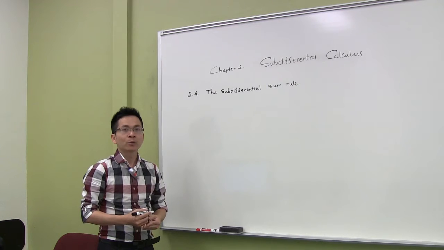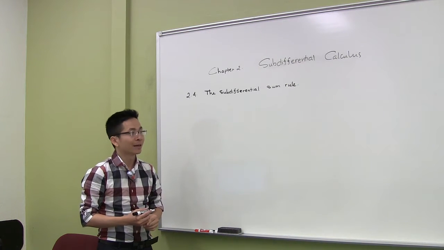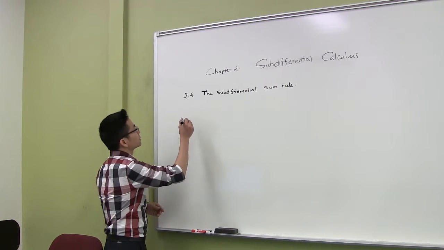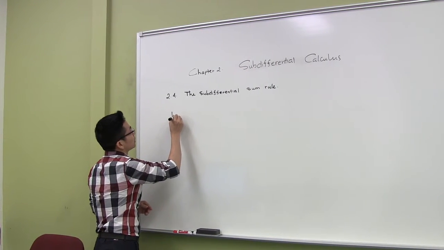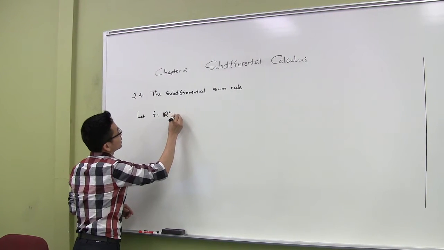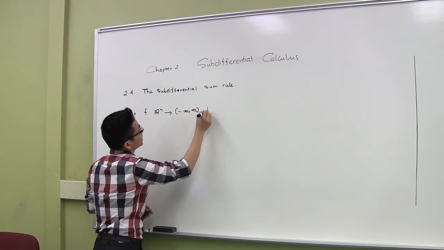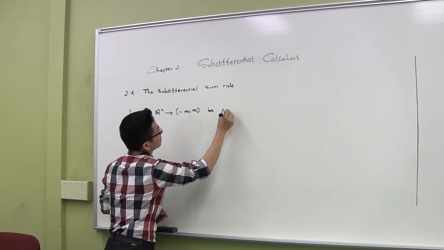In the last lecture, we talked about subdifferentials for convex functions. Let me recall the concept. Let f from Rn to the extended real line be a convex function.